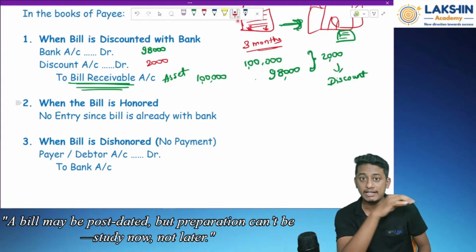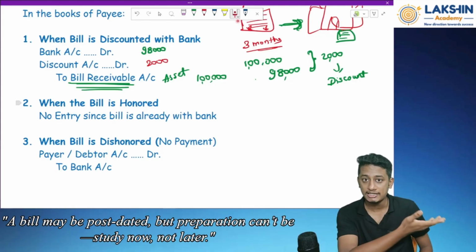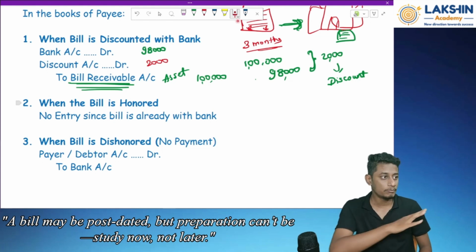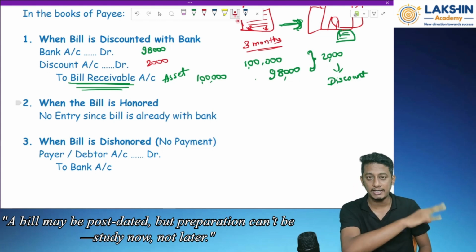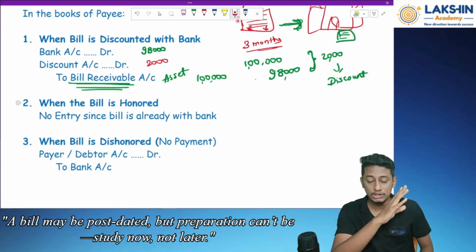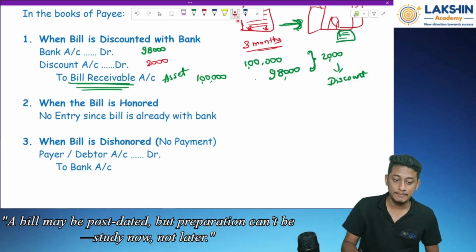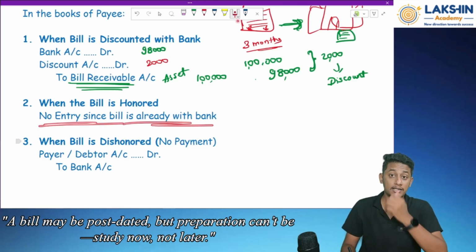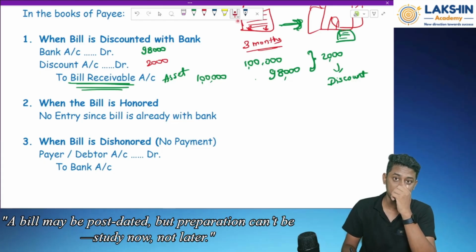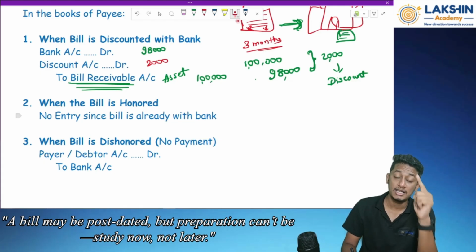Will the bank give anything to me? No, because the bank's money is recovered now. So the bank and Mr. B will do the transaction. So on honoring of the bill, there won't be any entry passed in the books of Mr. A's account.